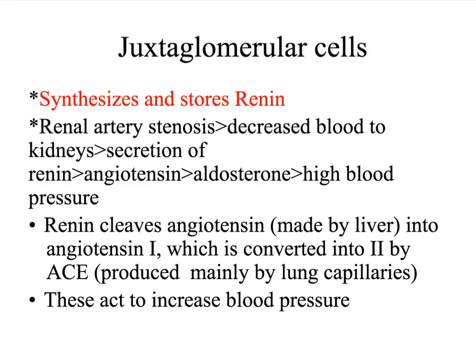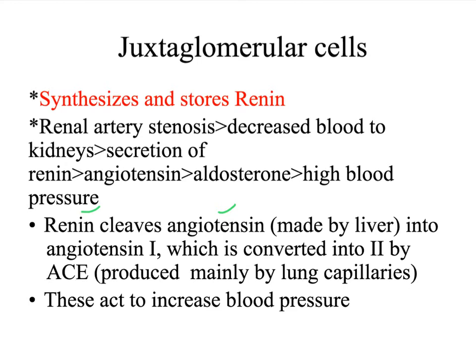The enzyme renin will start an axis of hormonal activation, and so renin is going to cleave the hormone angiotensinogen, which is actually going to be converted into angiotensin 1, which is then also converted into angiotensin 2, and that is performed by an enzyme that is known as angiotensin converting enzyme.